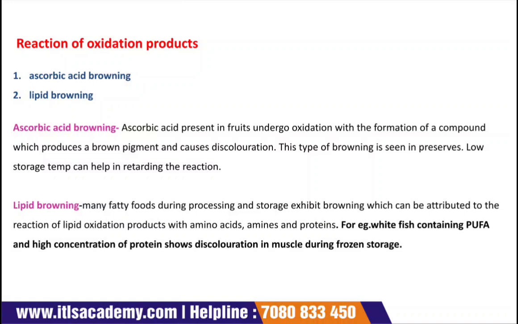For example, white fish containing PUFA and a high concentration of protein shows discoloration in muscle during frozen storage. So this is what lipid browning is all about.